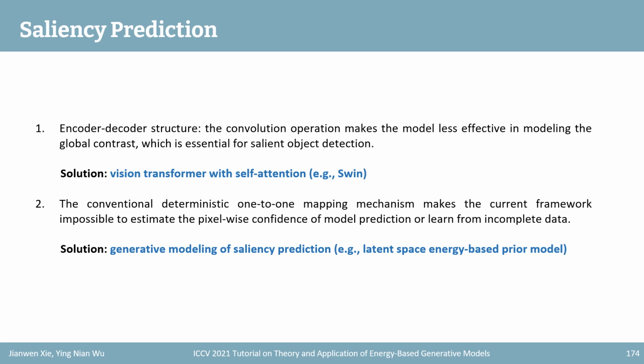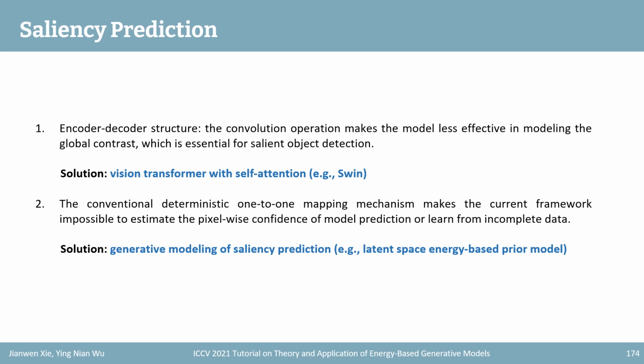Secondly, the one-to-one deterministic mapping or regression mechanism makes the current framework unable to estimate the pixel-wise confidence of model prediction. Also, deterministic methods usually don't have stochastic property. It is hard to learn from incomplete data or to use them in an unsupervised learning setting.